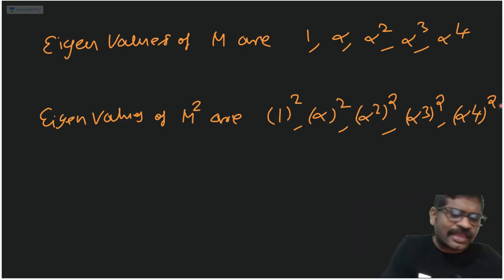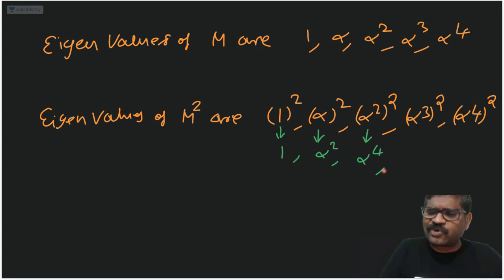Okay, now 1 square is 1, alpha square whole square is alpha power 4, alpha cube whole square is alpha power 6, alpha power 4 whole square is alpha power 8.